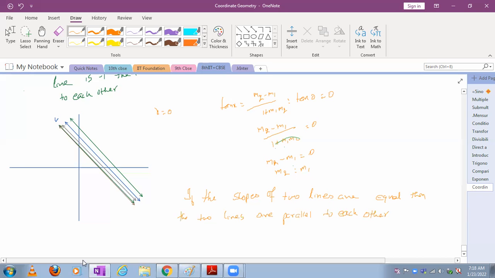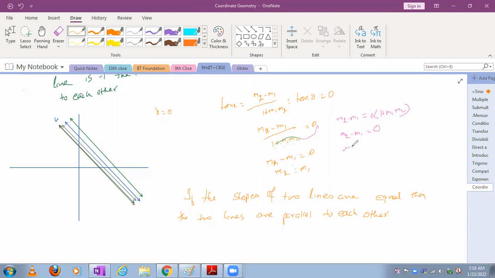No, sir. Why? What happened? Sir, where is this 1 plus M1? Yeah, this one. See, 1 plus M1 M2, you bring to the right hand side, right? If I bring this to the right hand side, then what happens? M2 minus M1 is equal to 0 into (1 plus M1 M2). Yes or no? Then M2 minus M1 becomes equal to what? 0 into anything is 0 only.